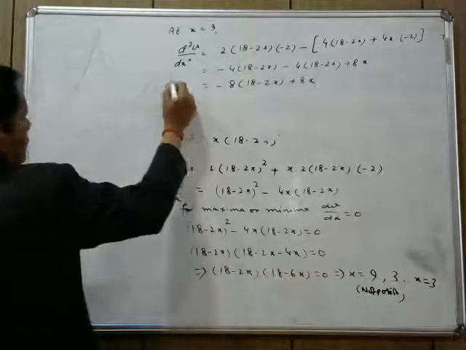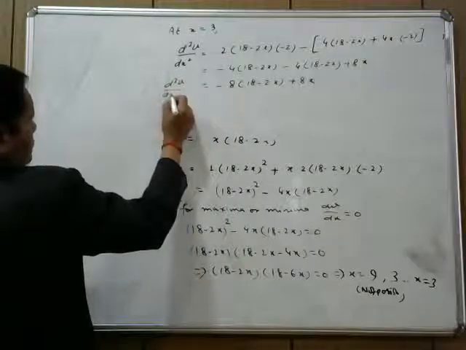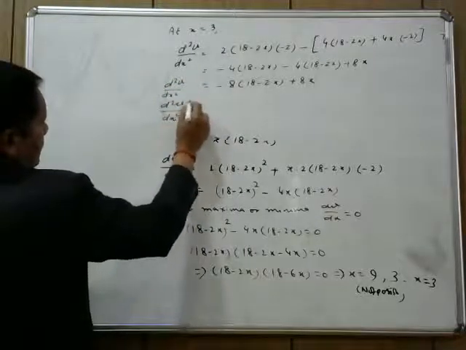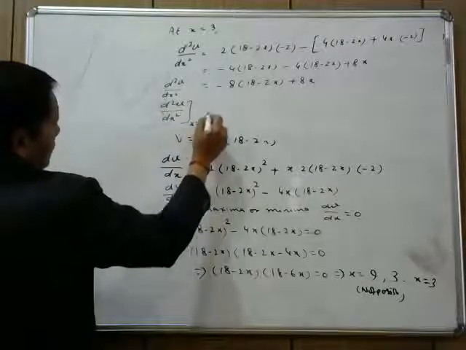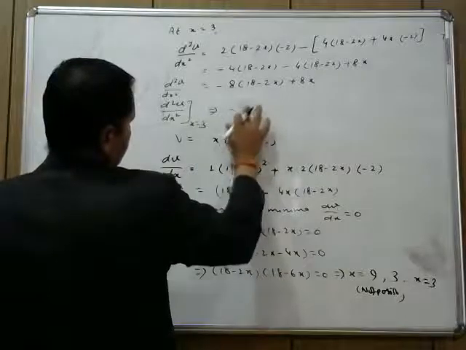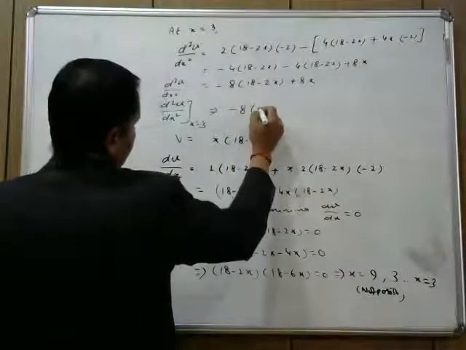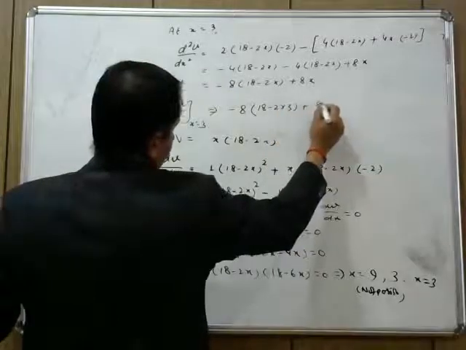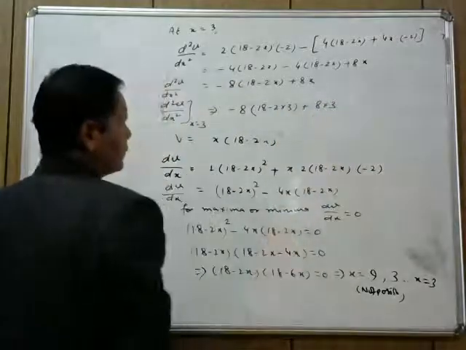This will give you minus 8 into (18 minus 2x) plus 8x. So now d square v by dx square at x is equal to 3 will be minus 8 into (18 minus 2 into 3, that is 6) plus 8 into 3, that is 24.